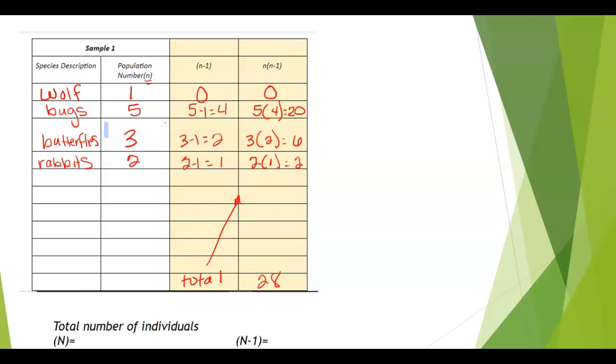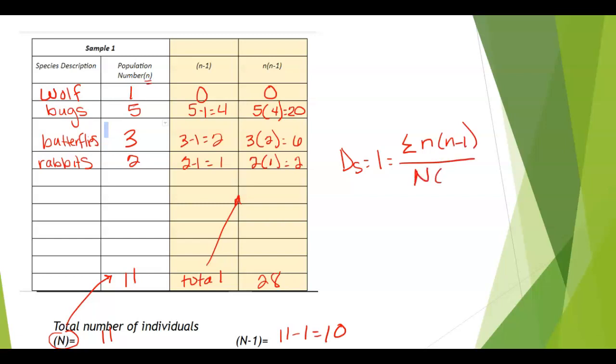Then we need to add up the total number of individuals. So we add 5, 8, 10, 11 total individuals. Then we take 11 minus 1, which equals 10. Now we can plug this into our diversity index: 1 minus the sum of n times n minus 1, over big N times big N minus 1. We got this number here because we added them all up, that's why this is the sum.